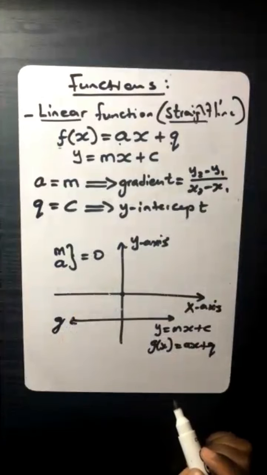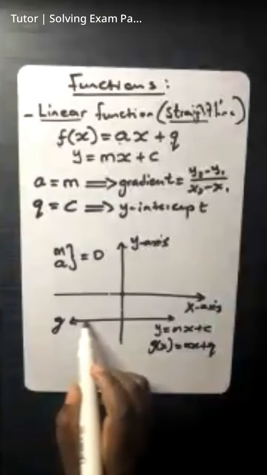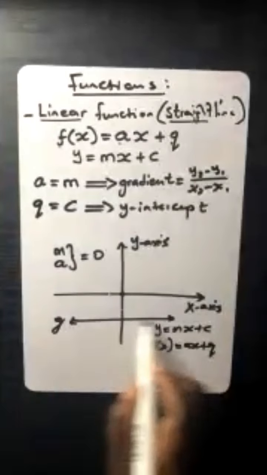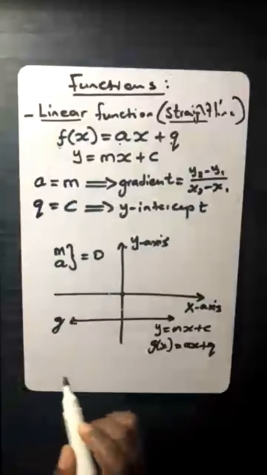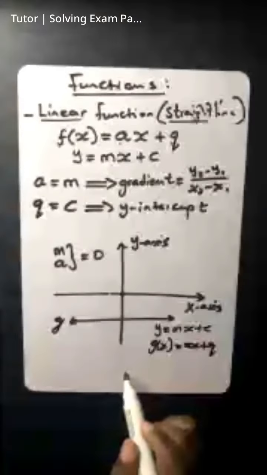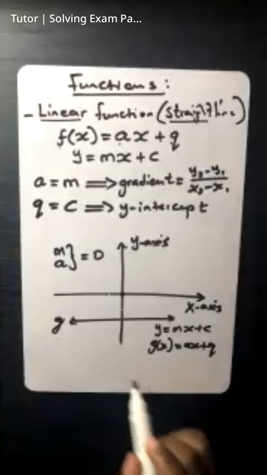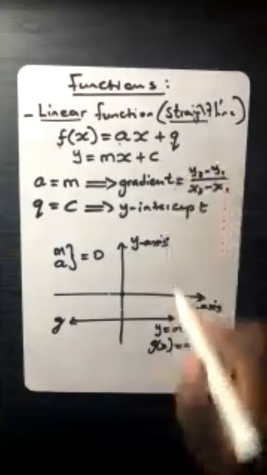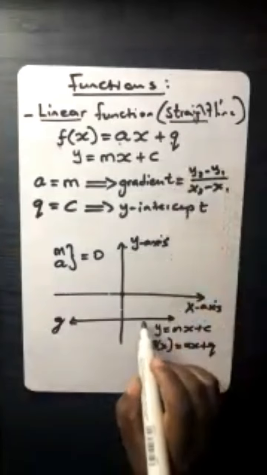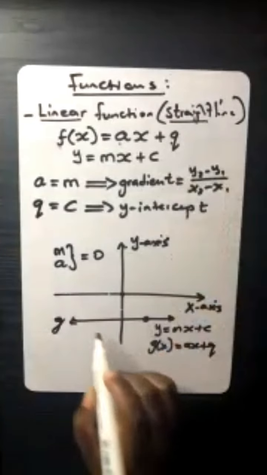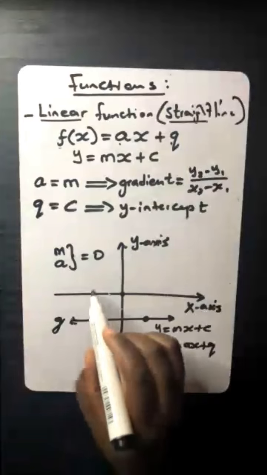It's more like they're asking you what is the steepness of that line. So if you want to test using the equation of the gradient, let's say you've got that point and that point.